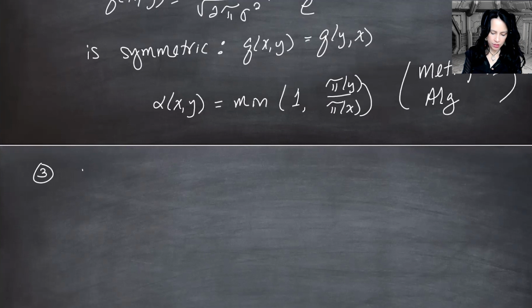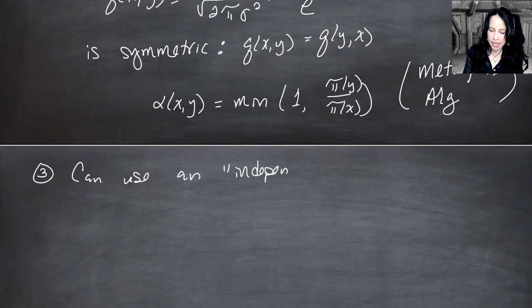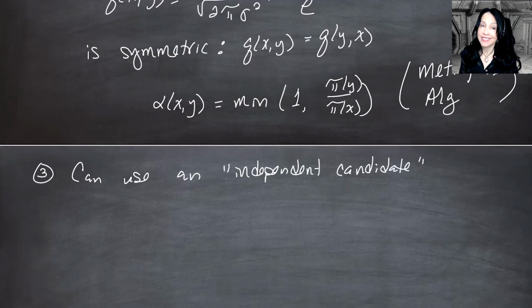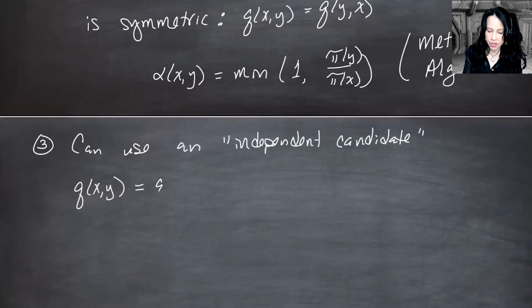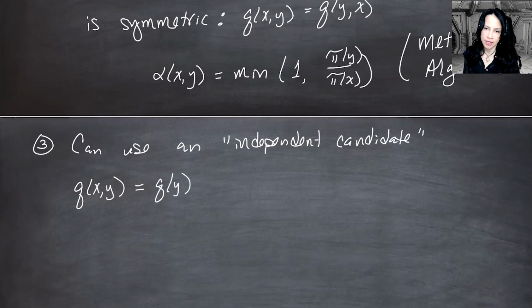Let me just finish my note because I want to show you a simulation. So you can use a so-called independent candidate. This is the easiest thing to do because you don't have to think that much about it. By this, I mean that your q(x,y) is just a q of y. So at any point, you're proposing something independent of where you are. This is the easiest thing to implement.